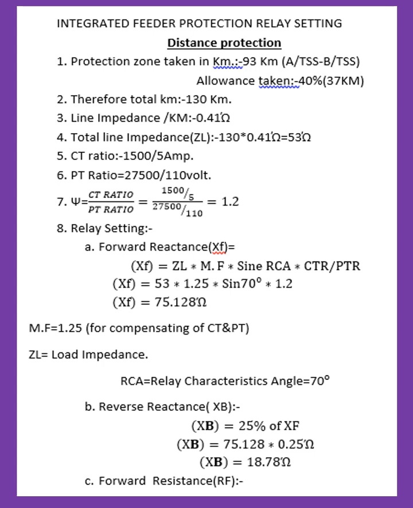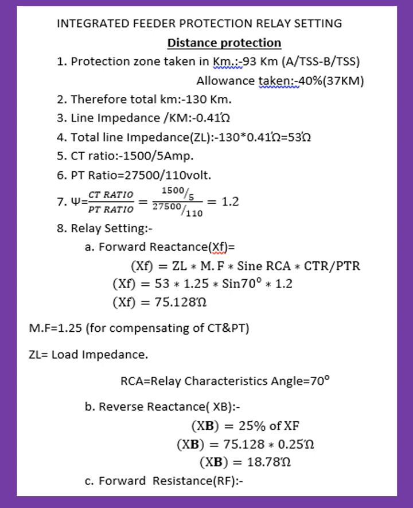Then the sine of relay characteristics angle 70 degree, and CT ratio by PT ratio is 1.2. So XF is coming 75.128 ohm. This multiplying factor is given for CT PT relay error. We are taking 25%.